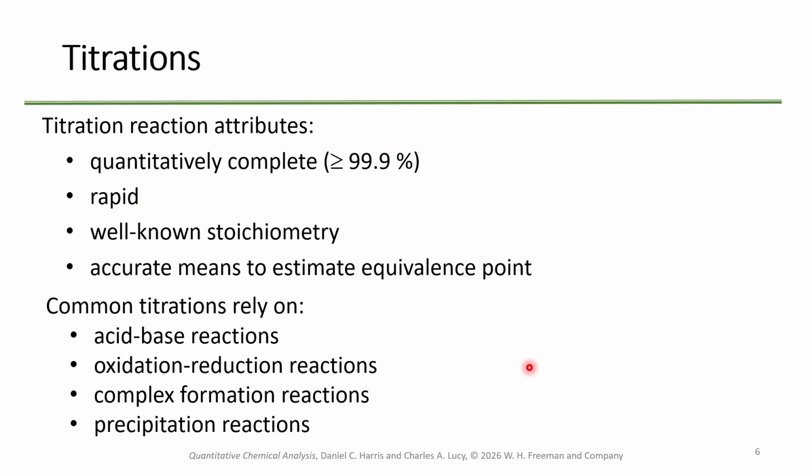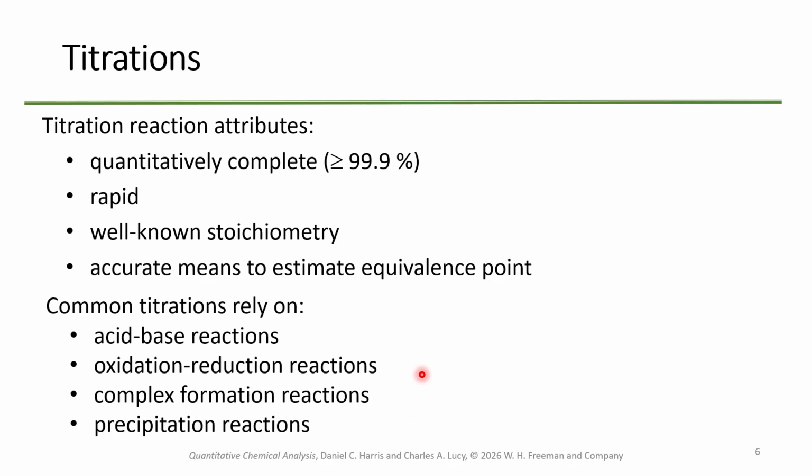Some of the common titrations are going to be acid-base reactions. Those are the ones you have all typically done before, and the one we did in the last lab. Oxidation-reduction reactions you can also do. Has anybody actually done any titrations like that yet? Every now and then you see somebody do those in general chemistry. They can work extremely well, but because you're doing redox reactions, they can be a little dangerous.